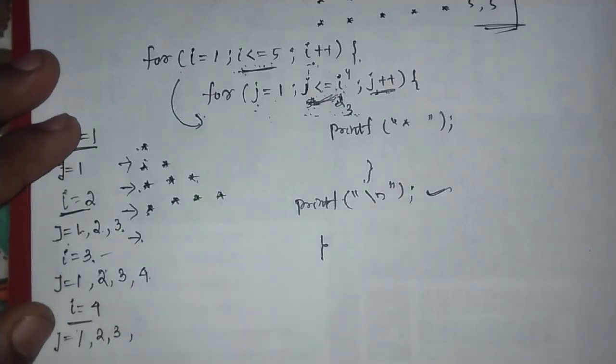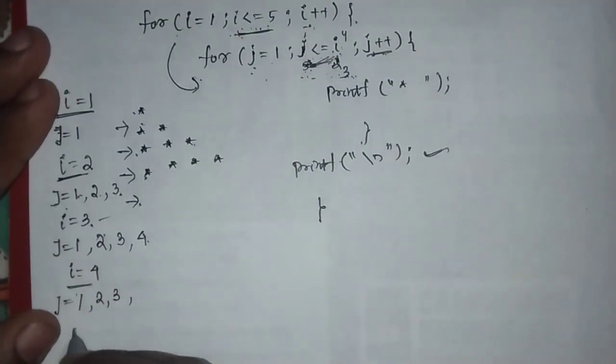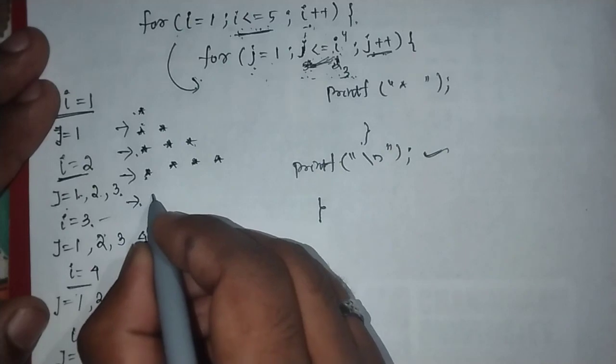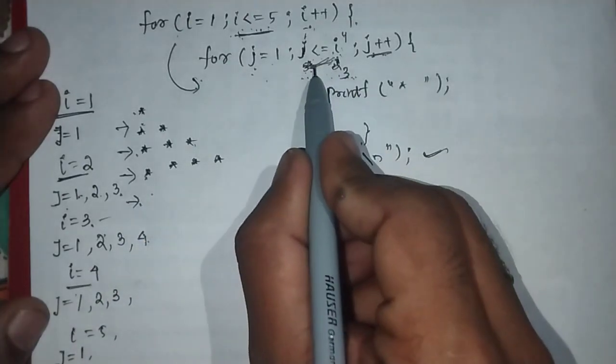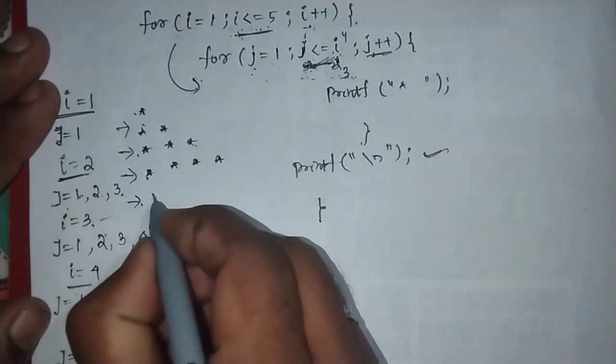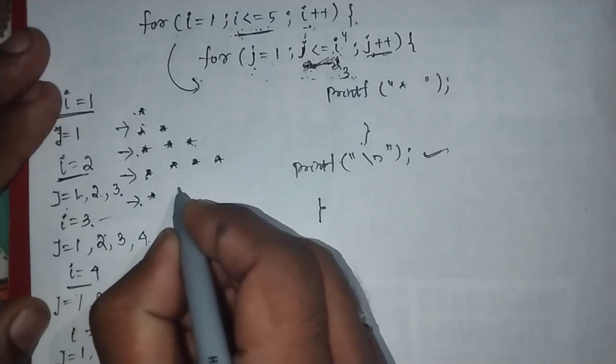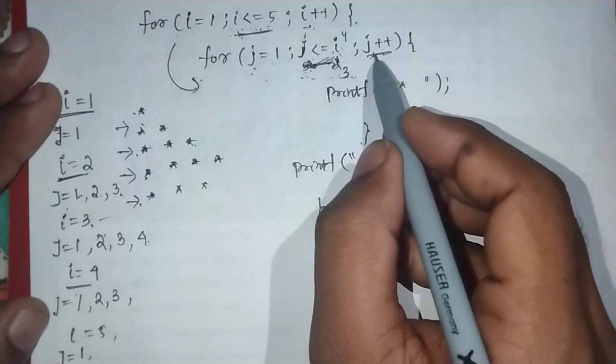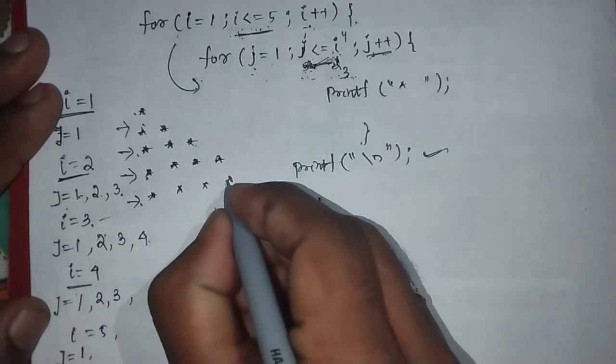Now the value of i becomes 5. Here it will check for j equal to 1. Yes, for j equal to 1, the inner condition is satisfied, so it will print a star, then another star, then another star for each value of j.